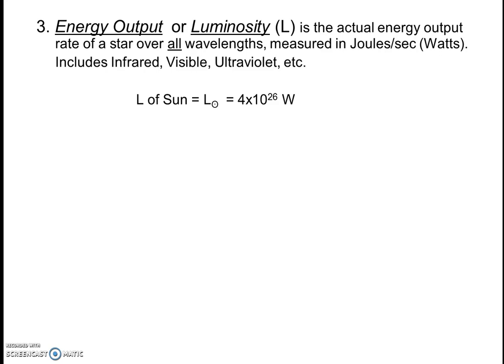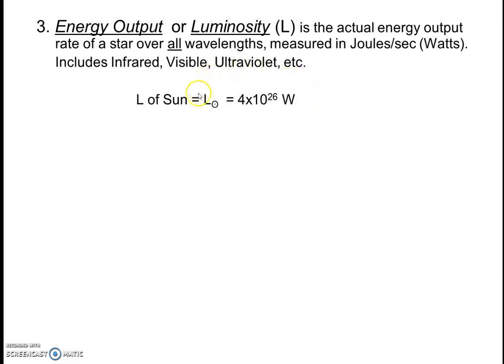What we do is that because stars have such bright energy outputs, so for example the luminosity of the sun is 4 times 10 to the 26th watts. I mean, that's just an immense amount of energy. You can't even imagine that amount of energy. And so if I told you that another star had 5 times 10 to the 28th watts, would that be a really bright star? Well, unless you remembered that our sun had this many watts, it would be really hard to figure that out.